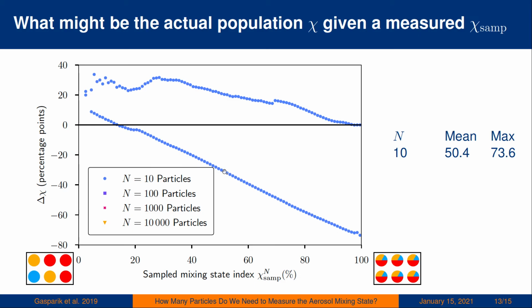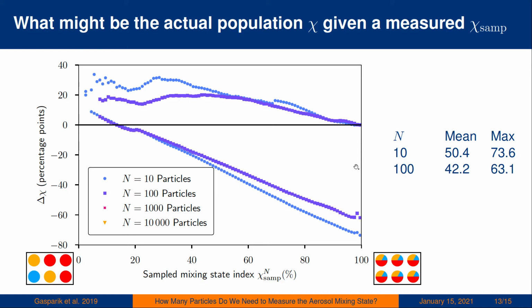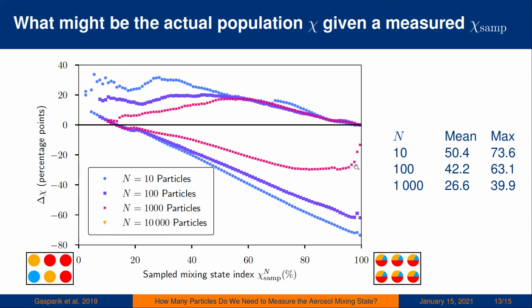And then here on the right, I have the statistics. The range is 50, and actually the worst case scenario, which is at fully internally mixed, is 73%. So you could think that your mixture is fully internally mixed. It might actually be quite externally mixed. As we plot the confidence intervals for the rest of them, we can start to see that we really start to narrow in on these error ranges.